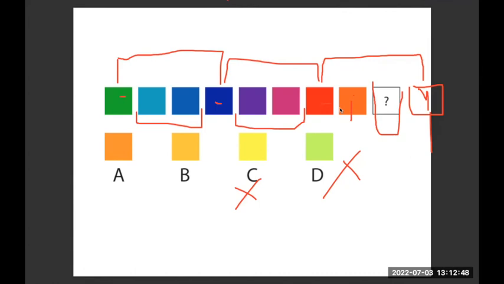I don't want to confuse you further. The correct answer here is option A, which is the orange one. And why they have chosen option A and not B is because in option B, I'm getting yellow, and then in option C, I'm getting another shade of yellow, which is the two yellows coming together.